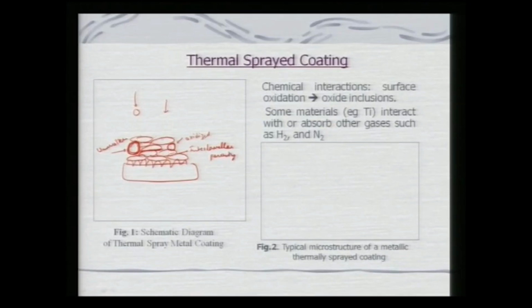At the same time, since the surface is very rough, some of the pores may remain as they are. So, we can also get some porosity in the coating. Inherently, we have unmelted particles, some oxidized particles, interlamellar porosity, or even certain microporosity, which are nothing but voids, and again the surface roughness is essential.